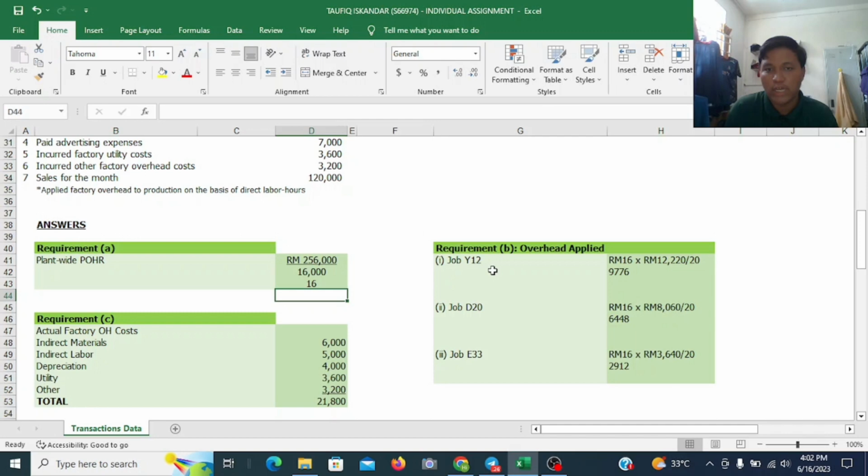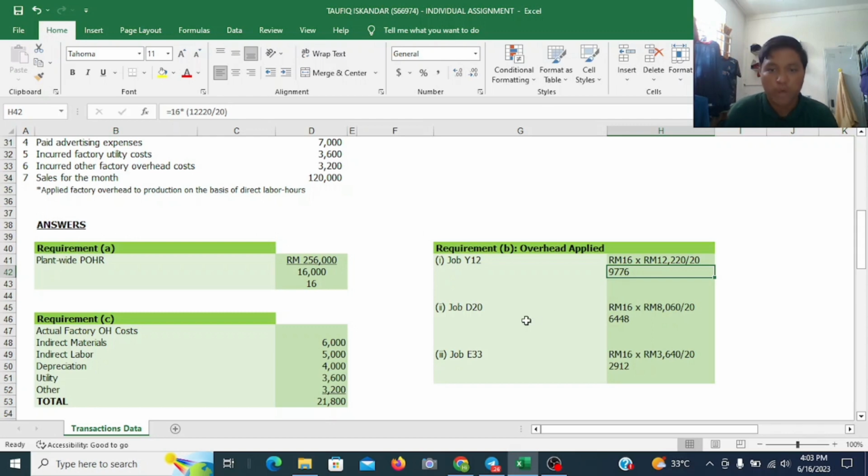So job Y12, 12,220 divided by 20, we get 611. 611 times 16, we get 9,776, or we can use this formula bar to get the answer.